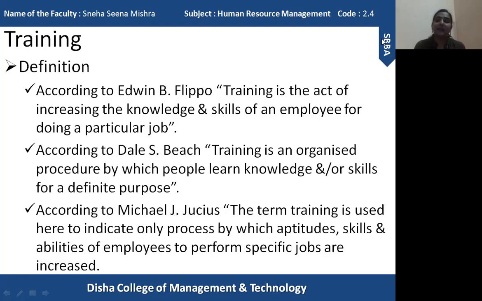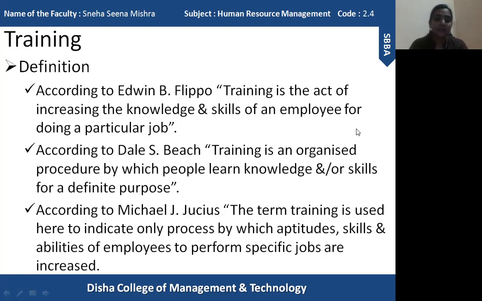So here Dale S. Beach has also explained training in the same manner, that it is an organized procedure through which people gain knowledge and skills for a definite purpose. So what is the definite purpose? Definite purpose is the particular job for which the employee is appointed and for which the training is provided. So here he has added one of the terms, that is an organized procedure. So he has mentioned that training needs to be conducted in a proper organized procedure to be more effective.